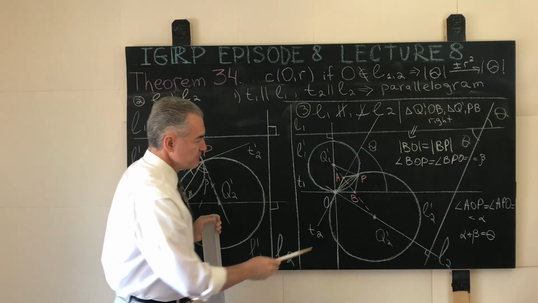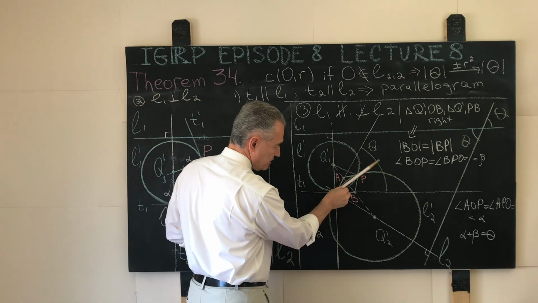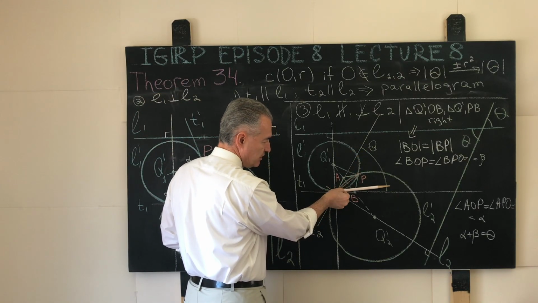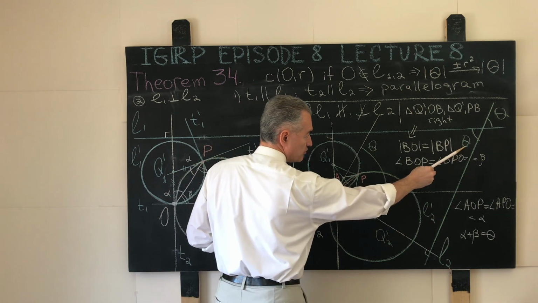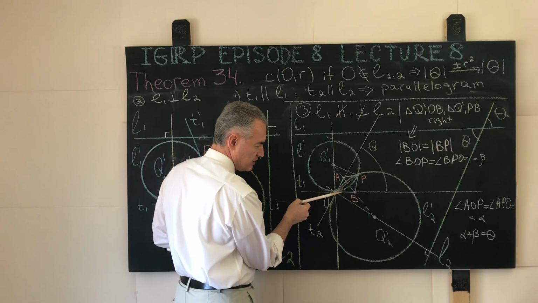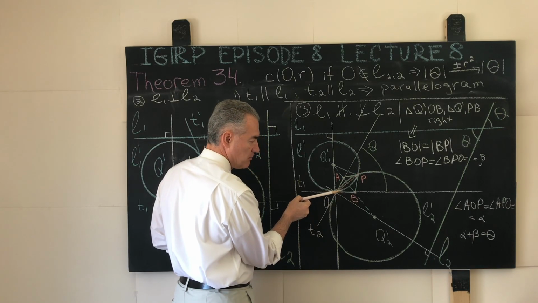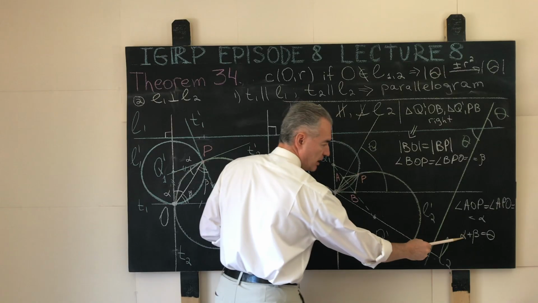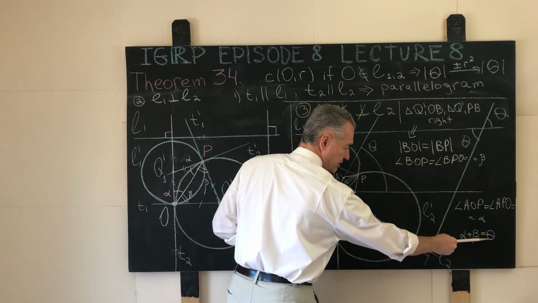So either way, this angle right here is a composite quantity. We proved that this angle by magnitude must be theta, and it is comprised of the magnitude of the angle beta and alpha. So alpha plus beta is theta.